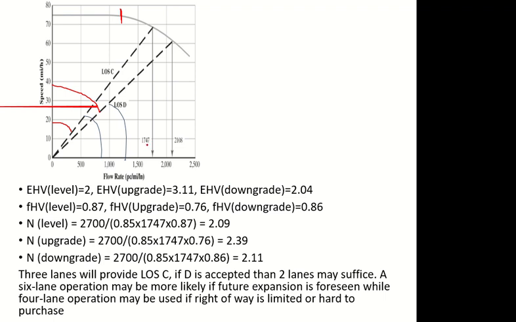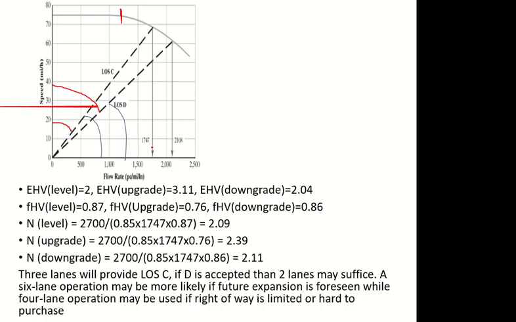Once you have these values, I'll put them in the equation for n. Why do we have three equations? Because of FHV. Remember, you calculated 3 FHVs. So that's why we have 3 n values. We are using level of service C, which is the best one out of the two.